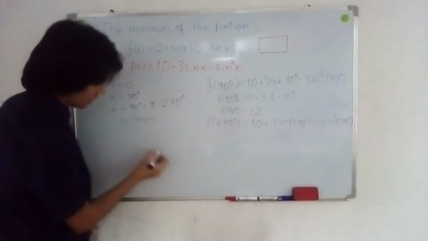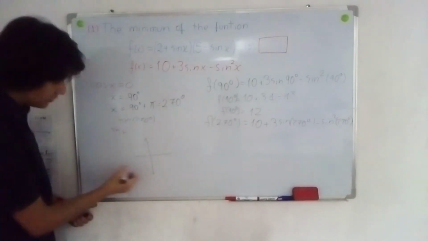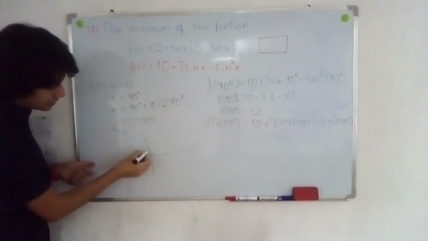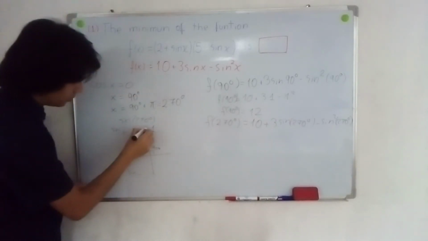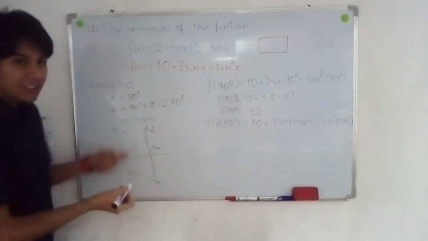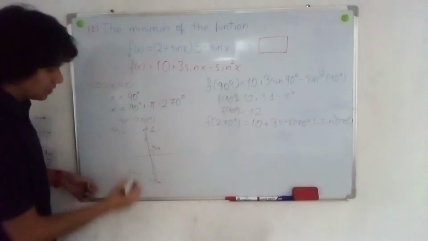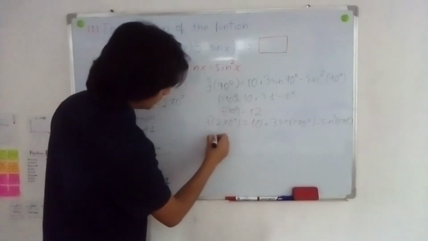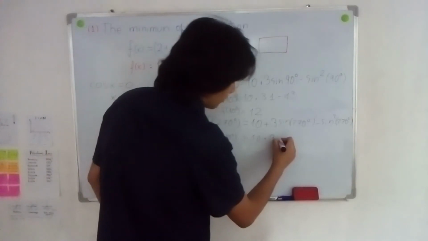That is easy, because here is the plane: sine is positive above and negative below. Here is the 90 degrees, and the sine of 90 degrees is positive 1. And here is 270 degrees, and the result is equal but the sign changes. That is negative 1.